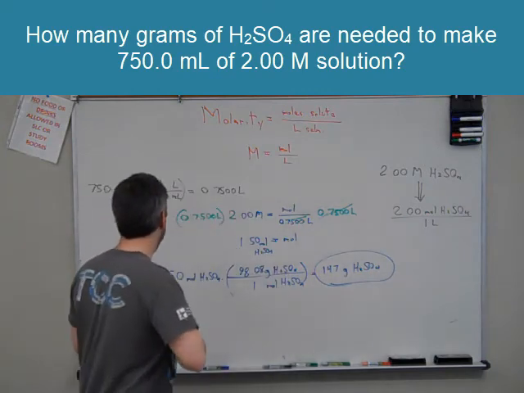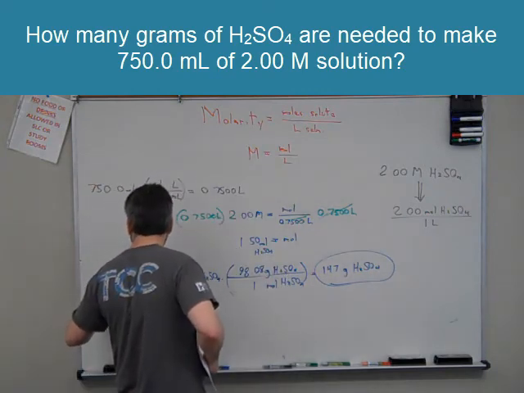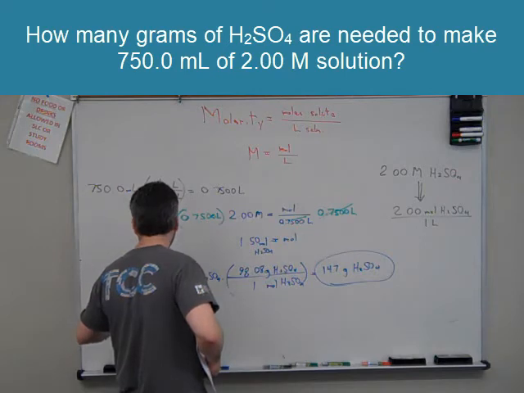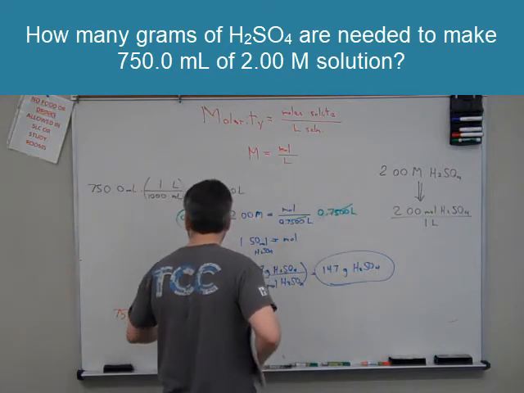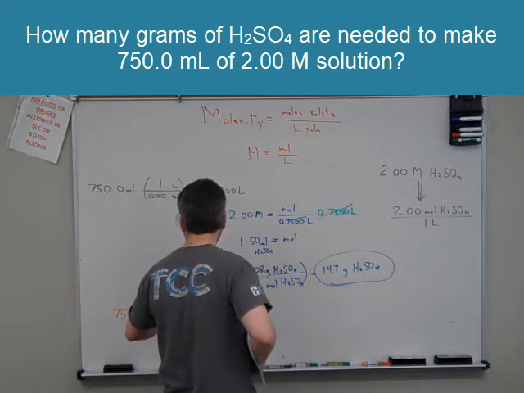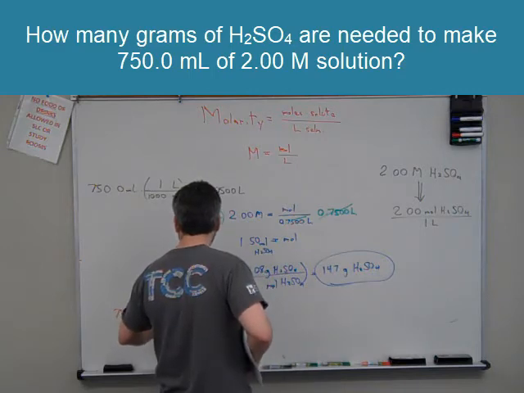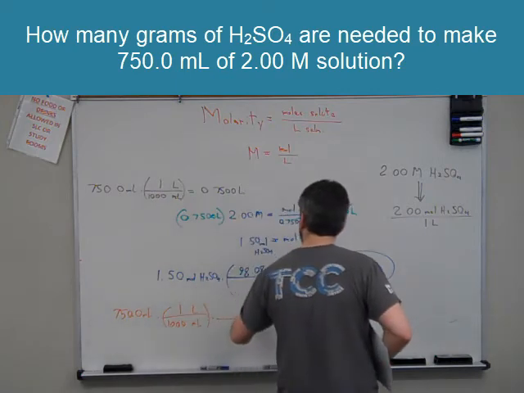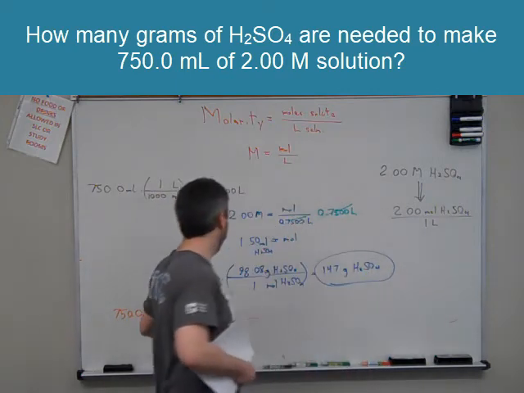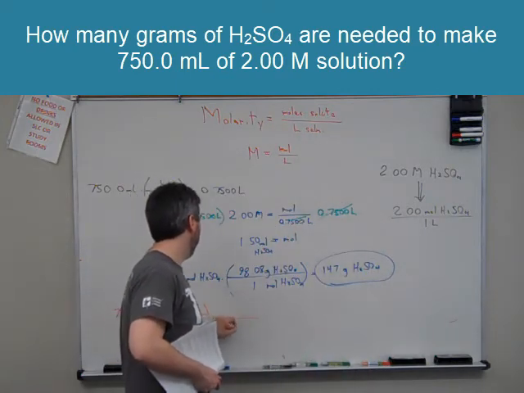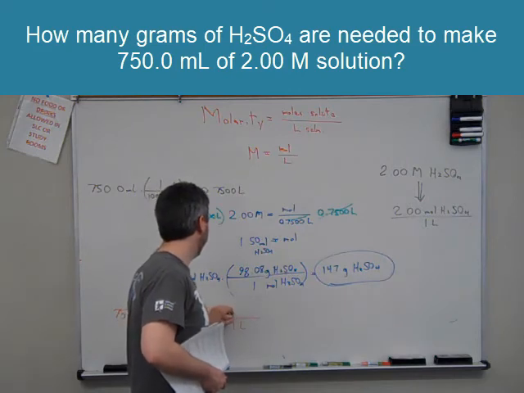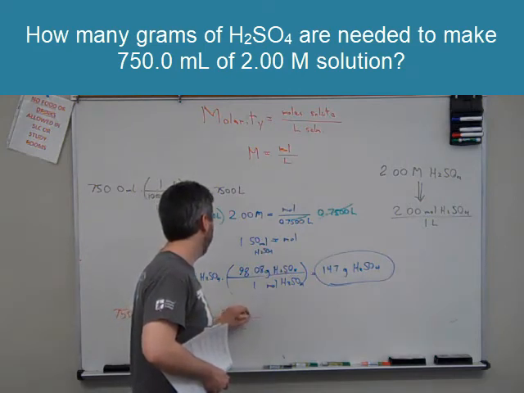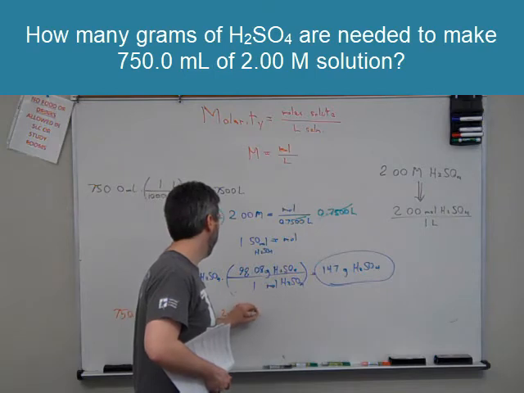I would start with my 750.0 milliliters, just like the other one, and I would convert the milliliters to liters. 1,000 milliliters is equal to 1 liter. But then with the liters, I can use my conversion factor here. So I can put 1 liter is equal to 2.00 moles of H2SO4.